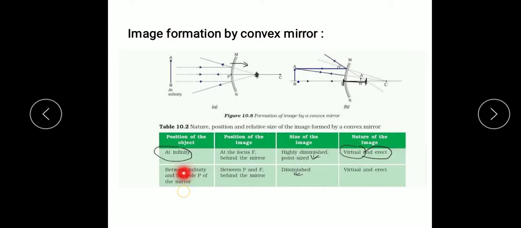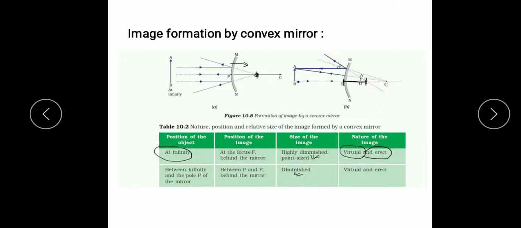And the second case, the position of the object is between infinity and the pole, at a finite distance from the mirror. Here the position of the image is between the pole and the principal focus, and the image is formed behind the mirror.